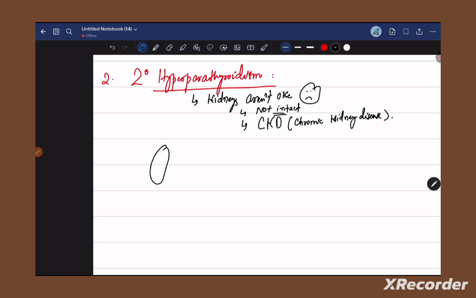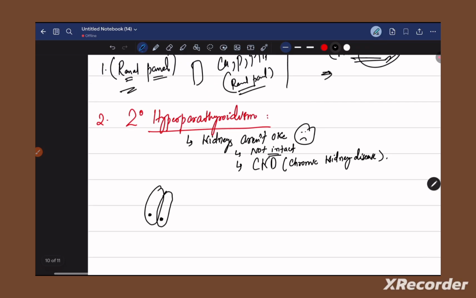Okay, now what will happen? Since this is the parathyroid gland, these are the parathyroid glands. Now what will happen here? In secondary hyperparathyroidism, there are two causes. One is either it could be a CKD patient, or there would be hypovitaminosis D. Okay, means either there would be deficiency of vitamin D, or it could be a CKD patient.